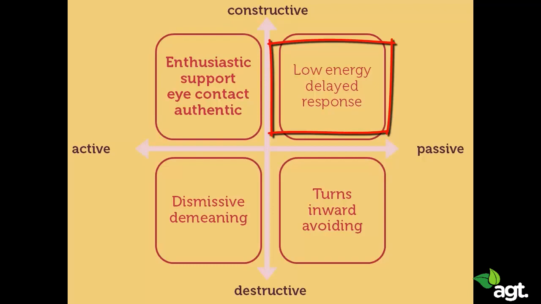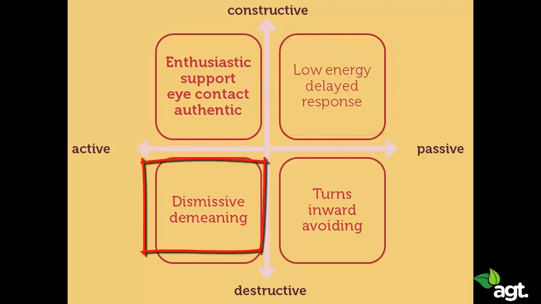The most common way to respond is passive constructive. That's saying something like, that's good news, I'm happy for you, that's great. There's little energy, the response may be a little bit delayed, and there's little nonverbal communication.